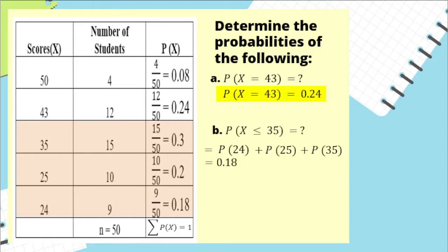So, the probability that the random variable x is less than or equal to 35 is equal to P of 24 plus P of 25 plus P of 35. That is 0.18 plus 0.2 plus 0.3. So the probability of the random variable x that is less than or equal to 35 is equal to 0.68.